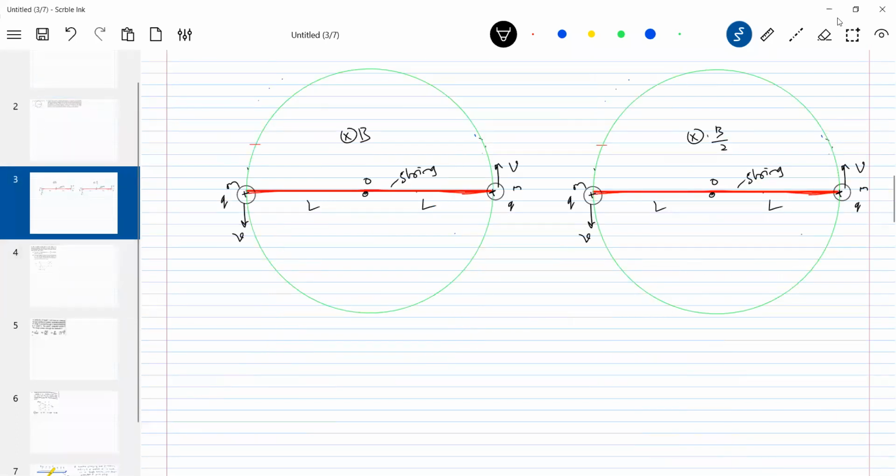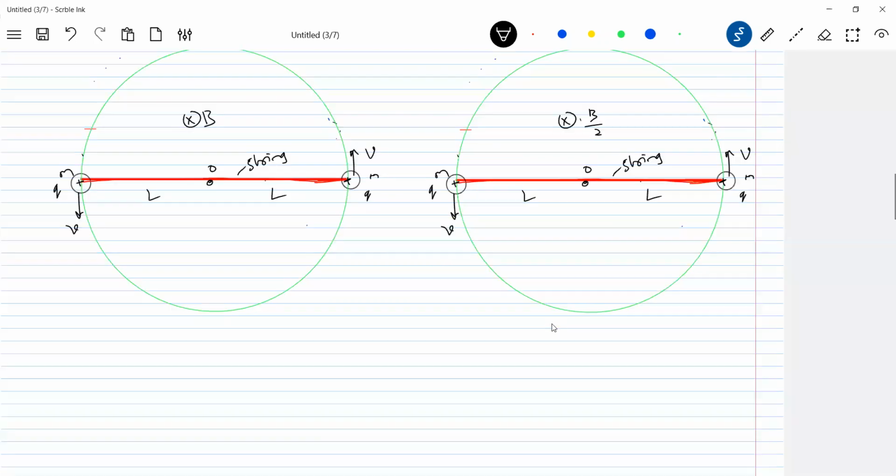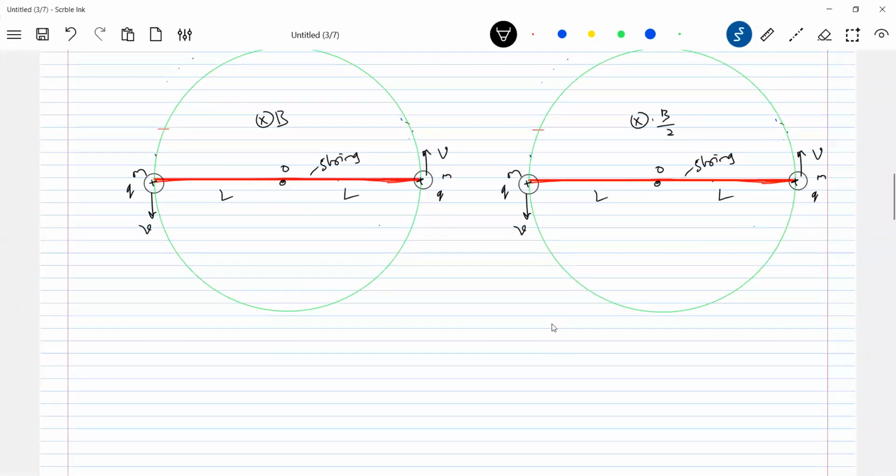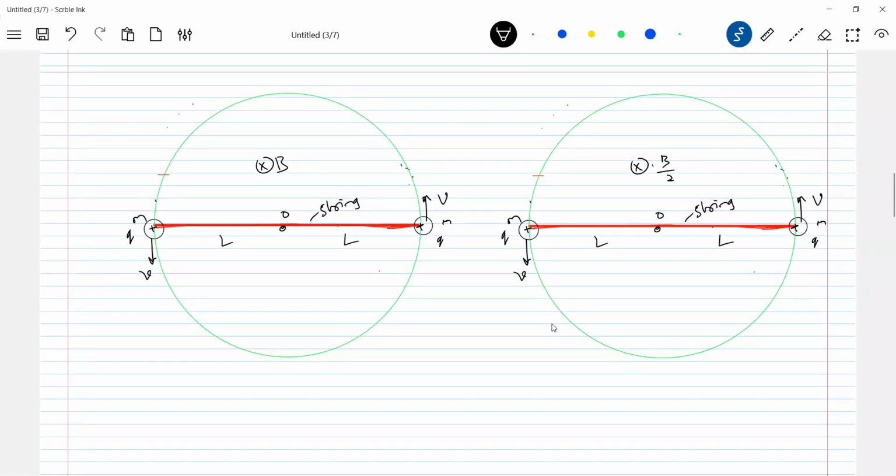Let's take the, okay, now this is a condition I'm giving. This is a string of length L, hinged about point O. Two charged particles I'm taking. I'm going to project with a velocity v.